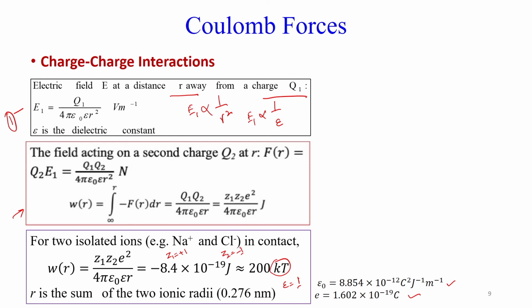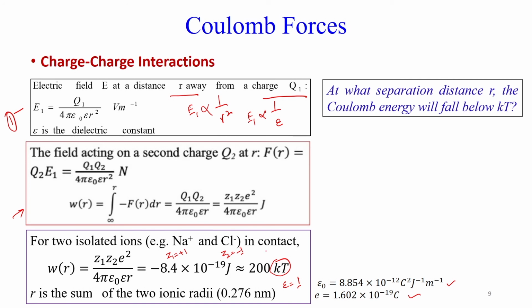Now let us see what the distance should be when this Coulomb energy falls below 1 kT. If you put W(R) equal to 1 kT and calculate the value of R from this expression, we get R equal to 56 nanometer.